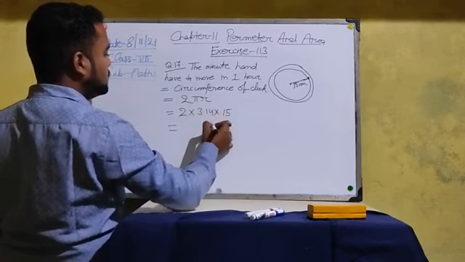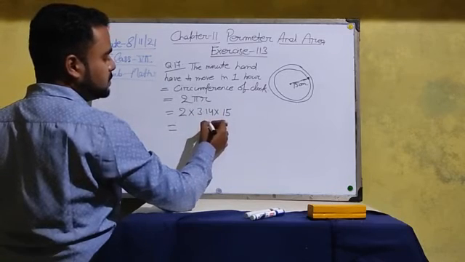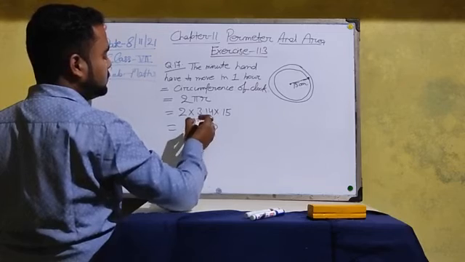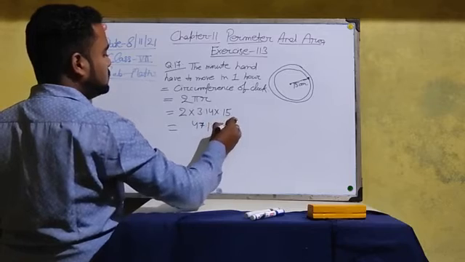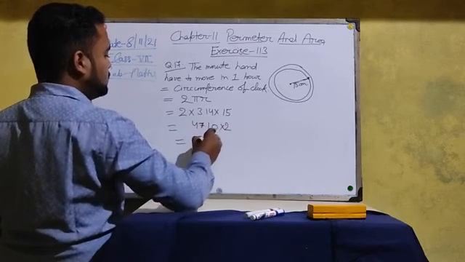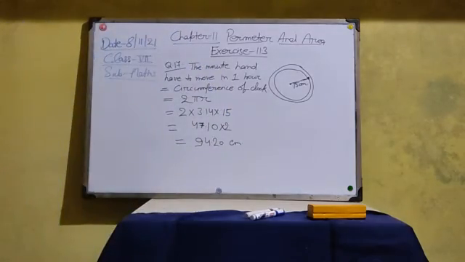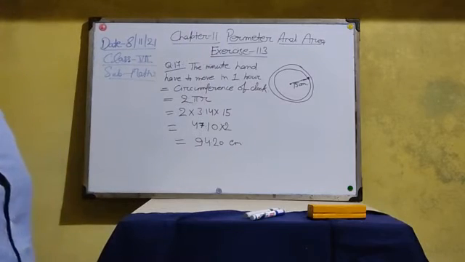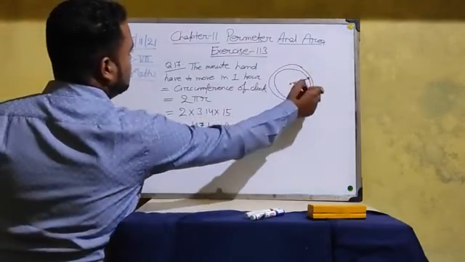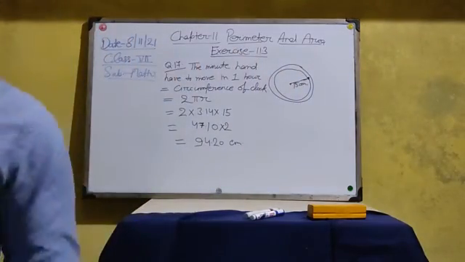So 3.14 into 15 gives 47.10, into 2, that is 94.20 centimeter. So the minute hand has to move 94.20 centimeter in 1 hour, because it has to cover the whole circumference or whole boundary of the clock. Note it down.